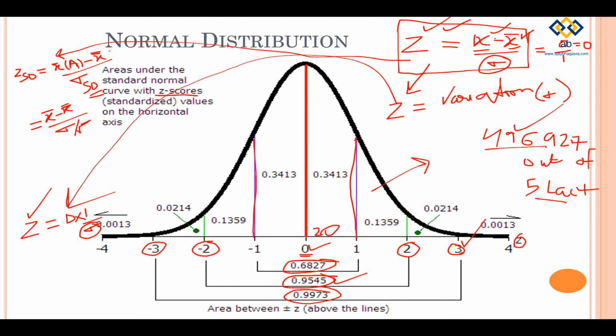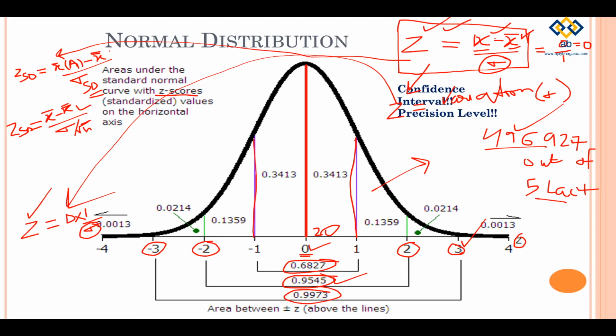This is your ZSD, right? So this is what the ZSD is for sampling distribution. You can always calculate a value of Z for sampling distribution by putting in these values, right?